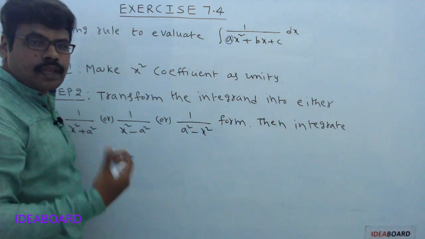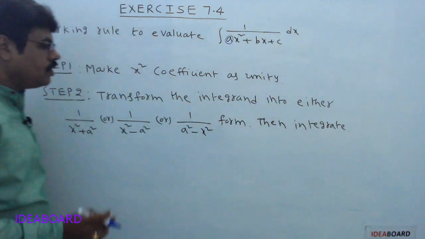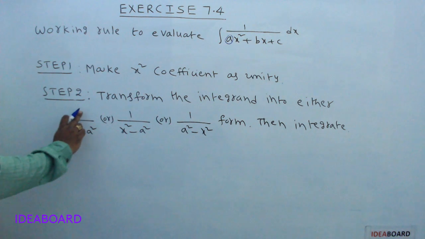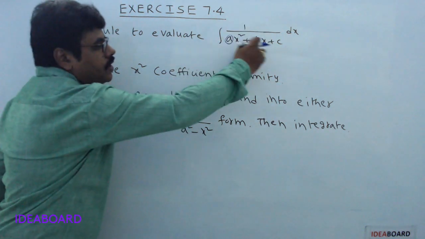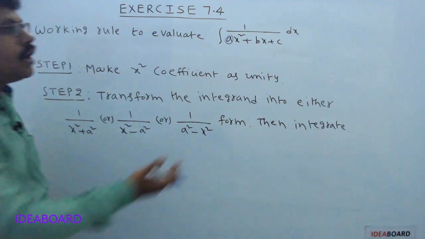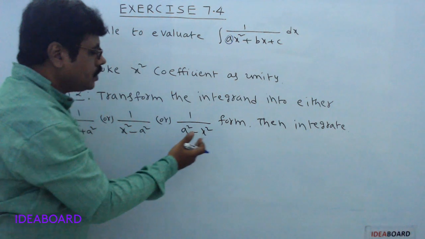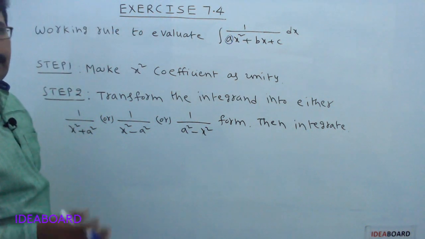Then automatically this integrand will be reduced either to the form 1 divided by x square plus a square, or 1 by x square minus a square, or 1 divided by a square minus x square.